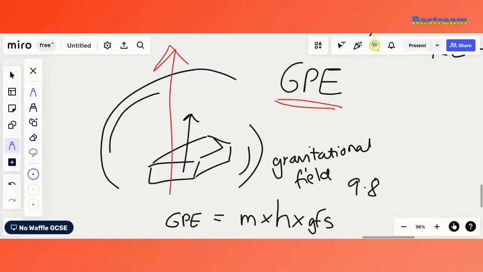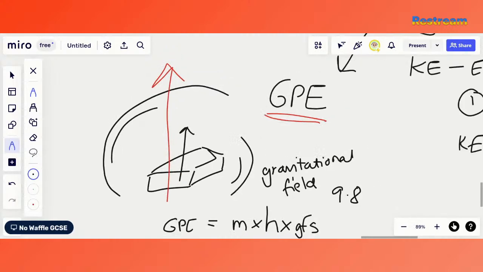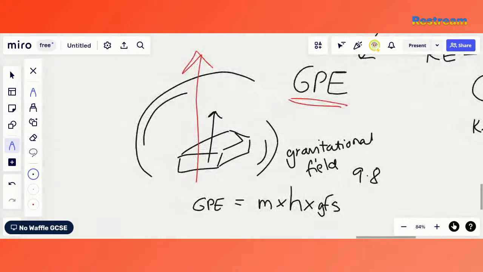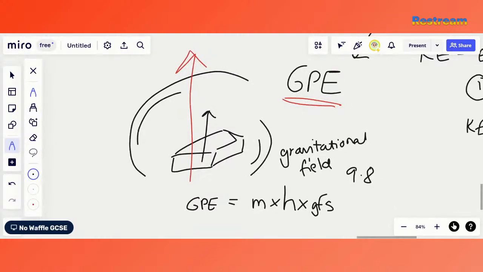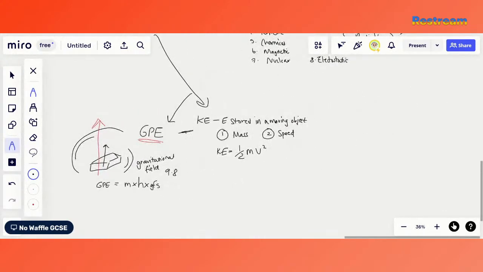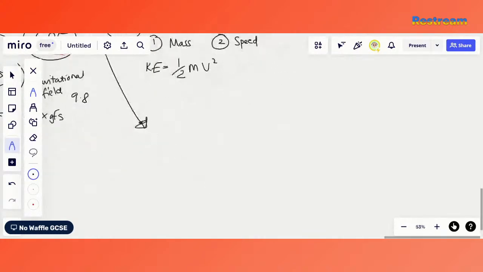Now, falling objects also release gravitational potential energy. So you don't only have gravitational potential energy when you are moving something up, you also have it when something is falling down. So say if we had a bungee jumper, because a bungee jumper is normally used in exam questions because it combines this idea of both kinetic and gravitational potential.